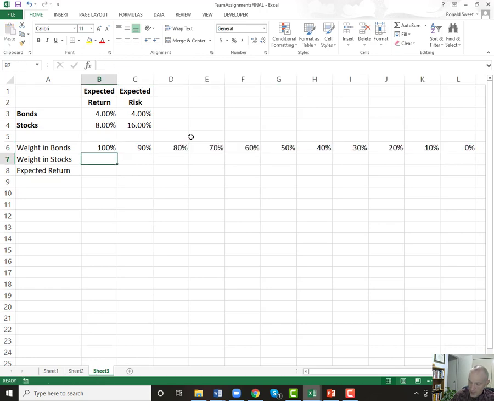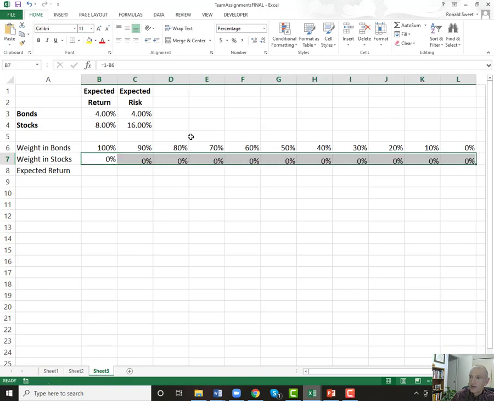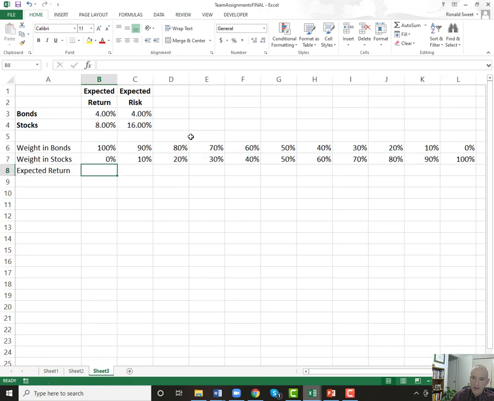What is my weight in stocks? Well, my weight in stocks is 100% minus whatever I have in bonds. So my weight in stocks is 0% all the way up to 100%. So what is my expected return? Well, my expected return is going to be my weight in bonds times my expected return in bonds. I got to lock that in with the dollar signs, plus my weight in stocks times my expected return on stocks.